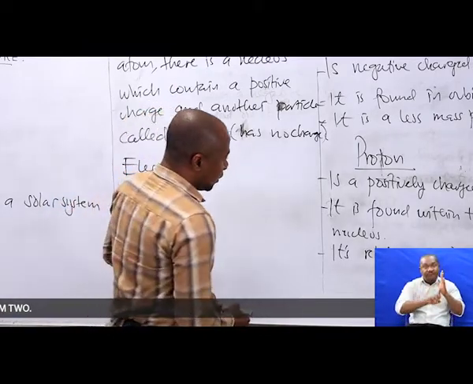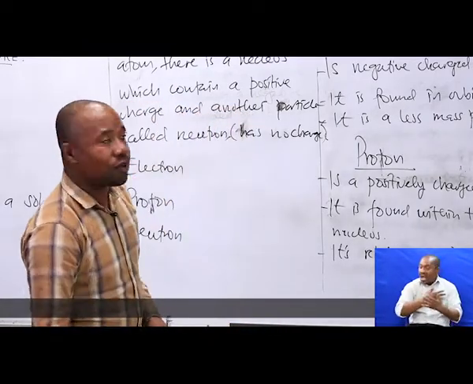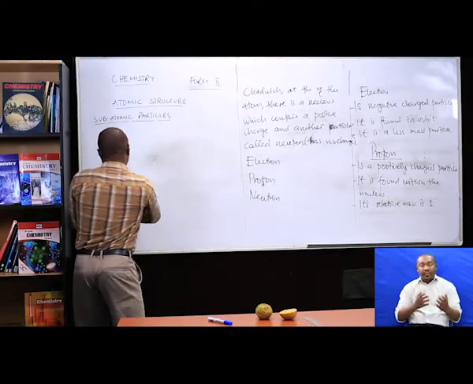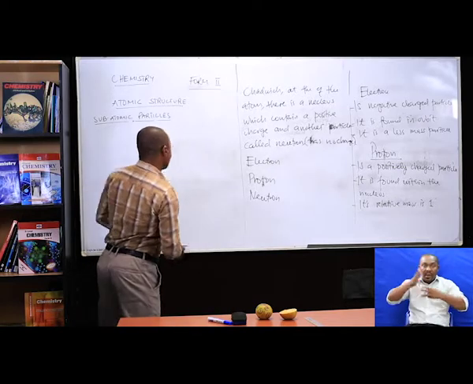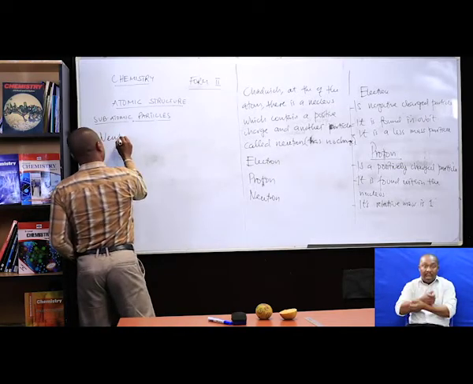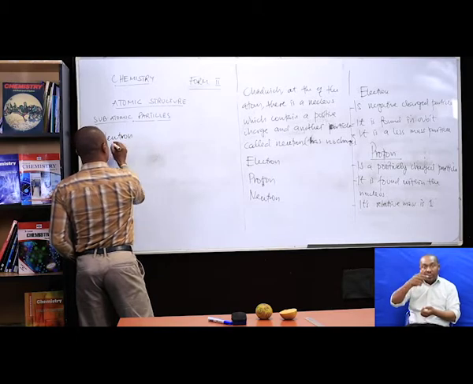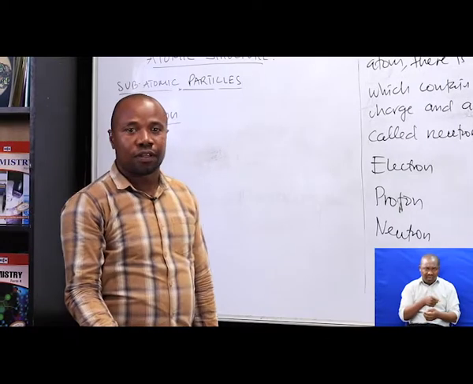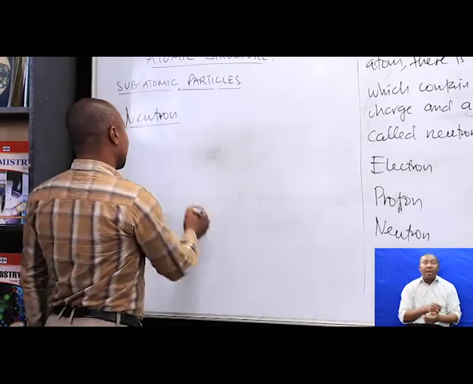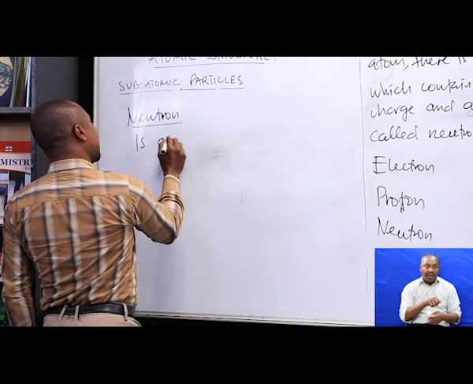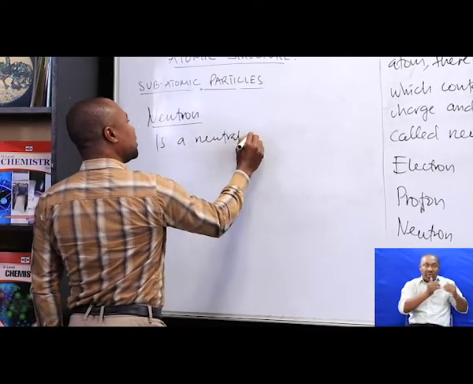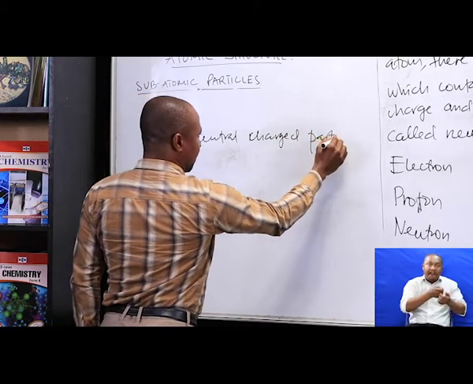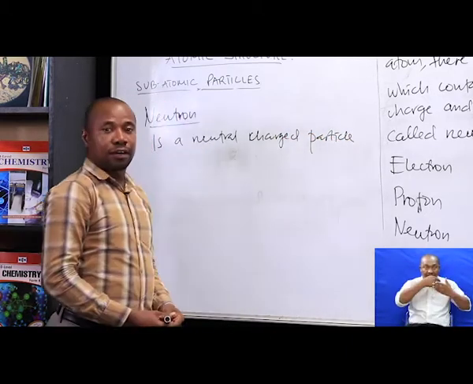And now let us look at the last particle, which is the neutron. What is a neutron? Neutron is a neutral charged particle within the atom.